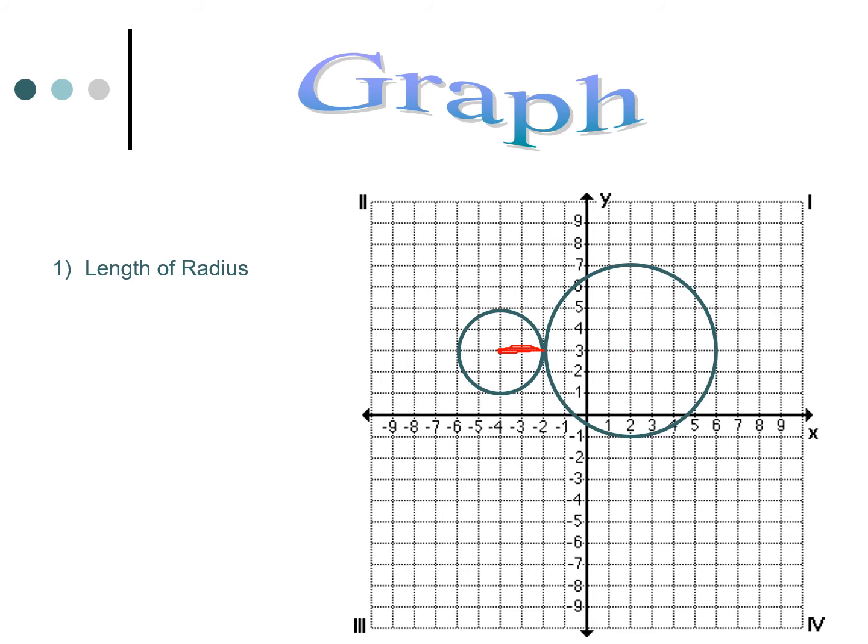The radius of the bigger one is 4 units. The point of tangency is where they touch each other. The point of tangency is at -2, 3. Right here.